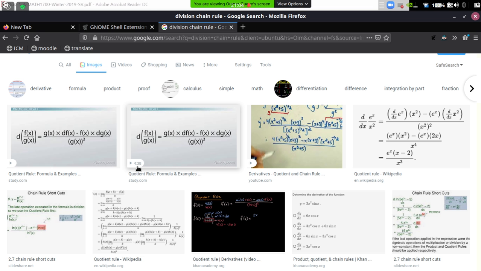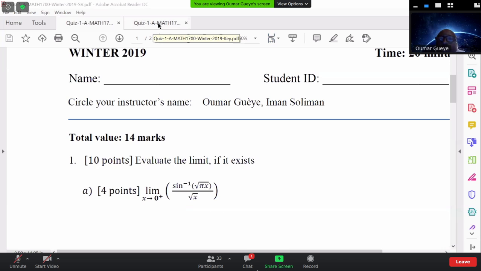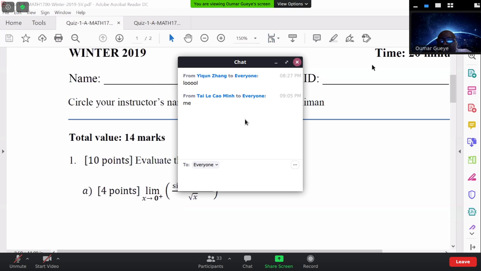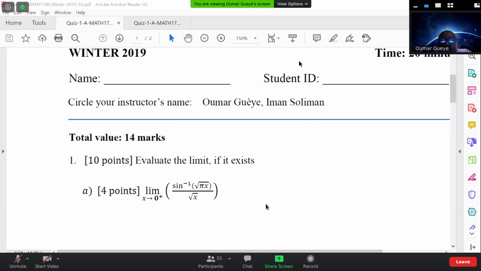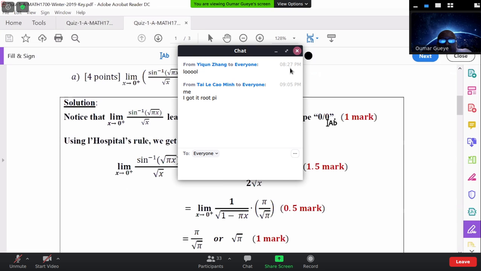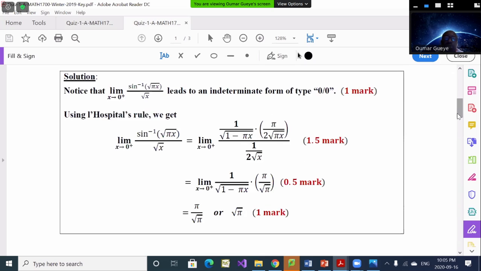Only one or two people got root pi. All right, thank you. So let's see the solution. It's right here, and this question is out of 4.